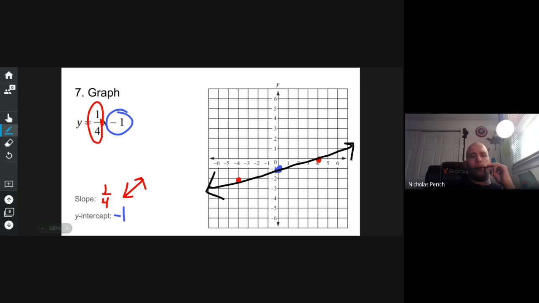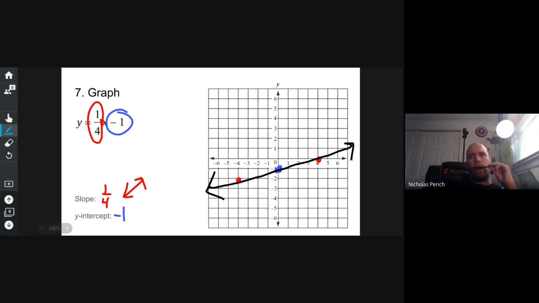The number floating around is my y-intercept. I start out by putting a dot on that y-intercept. So I put a dot at negative 1. Then I use my slope to make more dots.